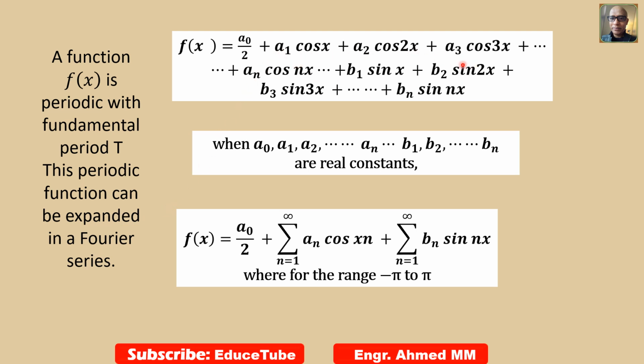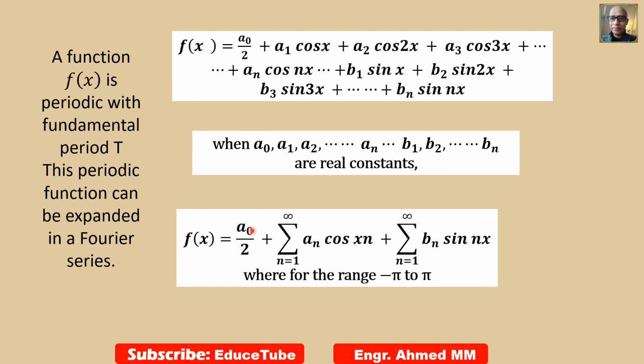That's what we are doing here. As I said in the previous slide, this Fourier series will be a combination of cos and sine. That's what it is. And here a0, a1, a2, a3, dot dot dot, again b1, b2, b3 up to bn are real constants.